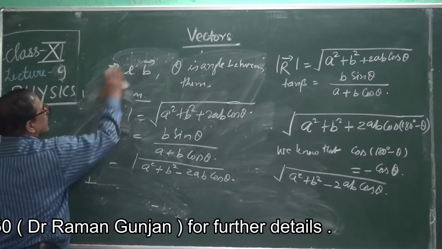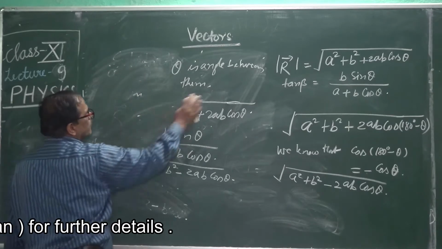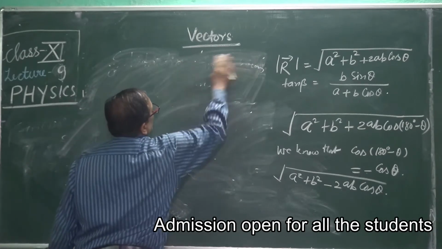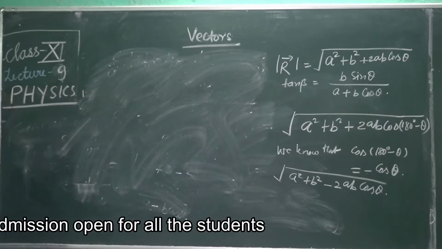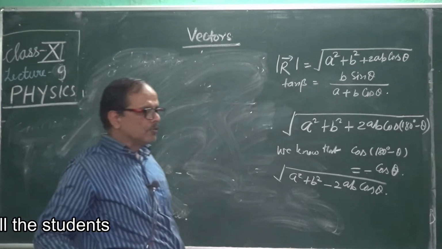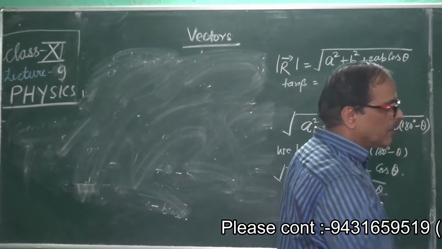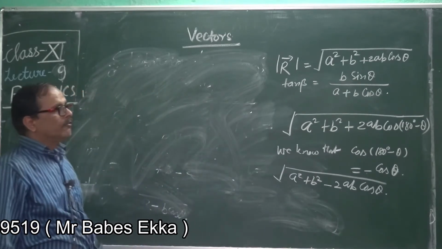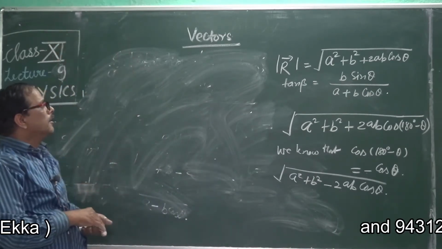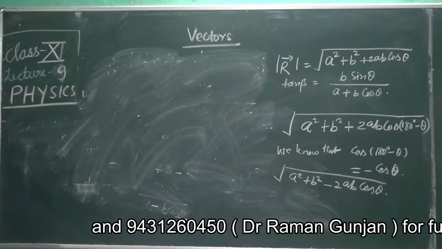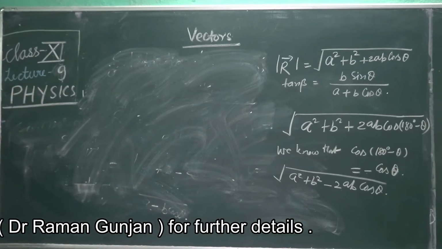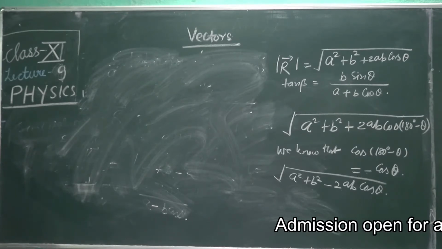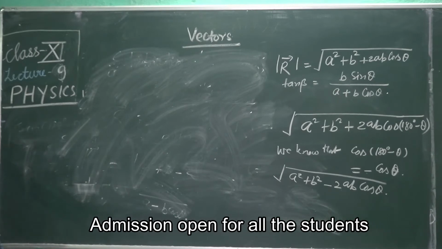Let in a problem it be given that the magnitudes of two vectors are equal, and when they are added, when we take the vector sum, the magnitude of the resultant is also equal to the magnitude of either vector.